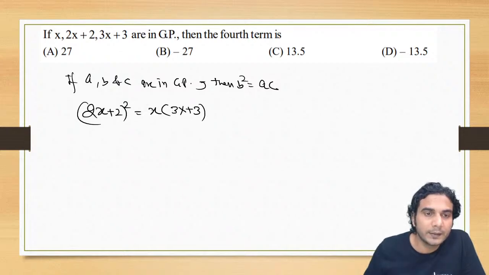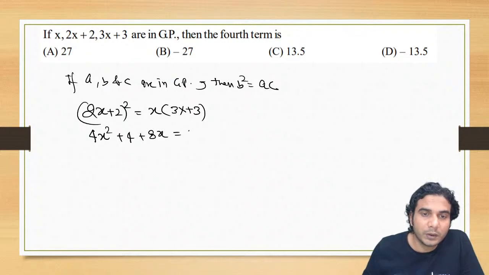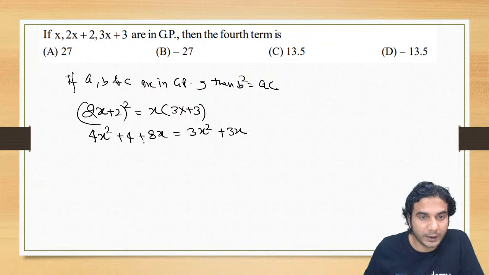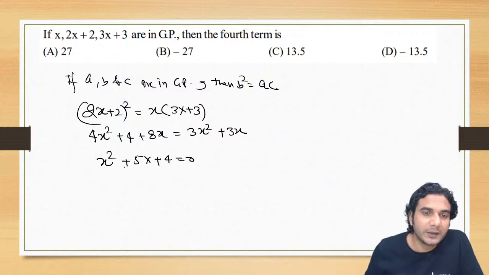Then simplify it. It is going to be 4x square plus 4 plus 8x is equal to 3x square plus 3x. So now it is x square plus 5x plus 4 is equal to 0.